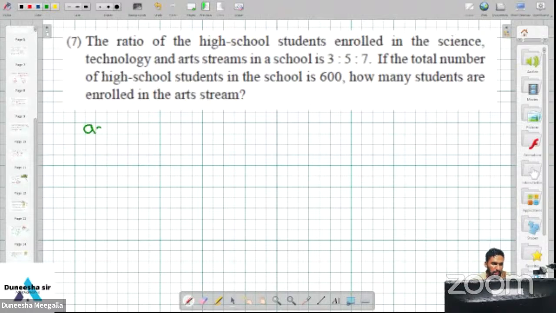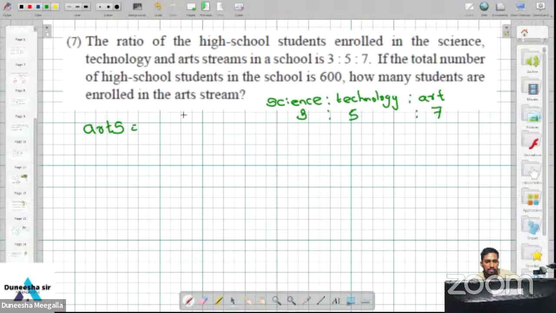Then science to technology to art is 3 to 5 to 7. What is the total, the summation of the ratios?